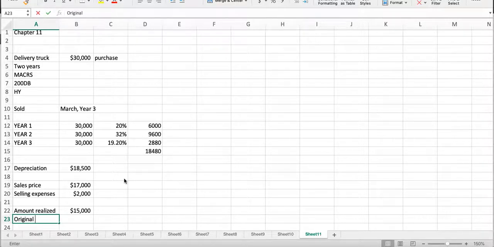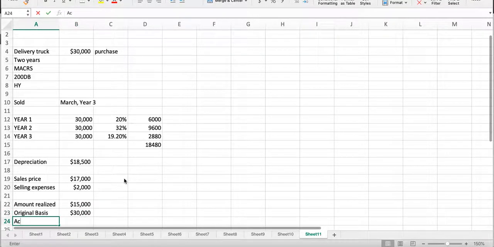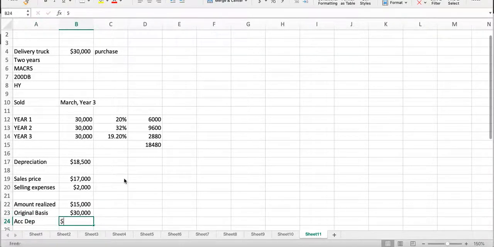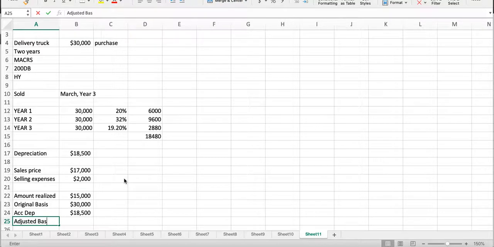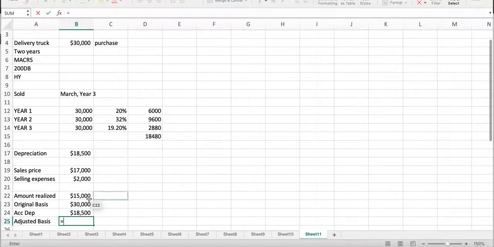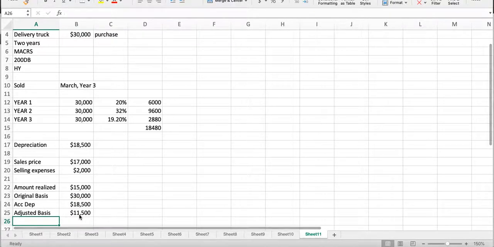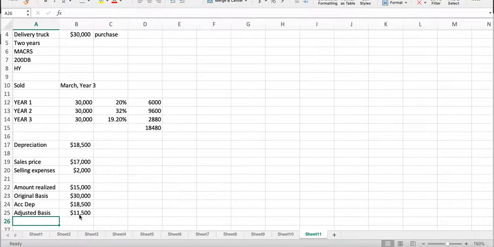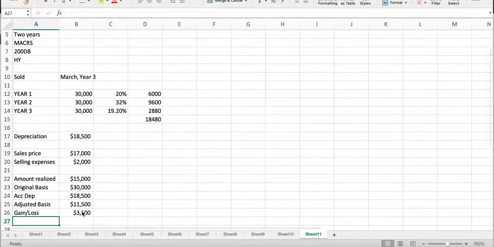The original basis is $30,000. Accumulated depreciation is $18,500, which makes what we call the adjusted basis, the $30,000 minus the $18,500. So that's the adjusted basis on our books, or $11,500. And so the gain or loss is going to be the amount realized minus the basis. So we have a gain of $3,500.